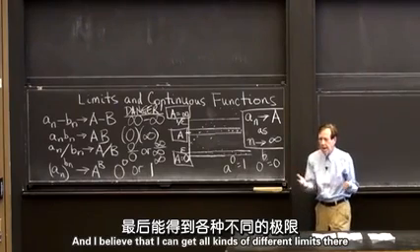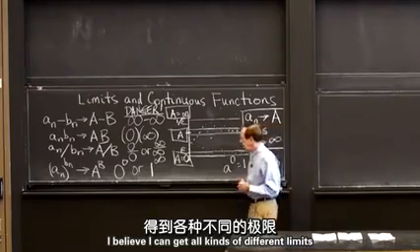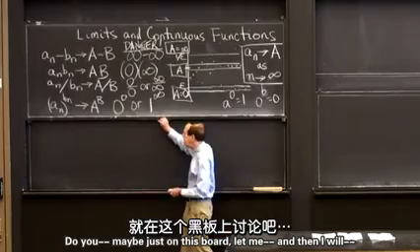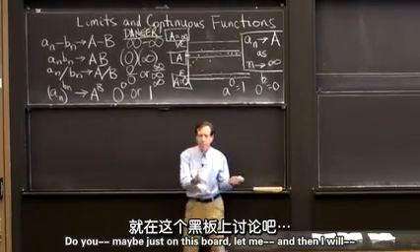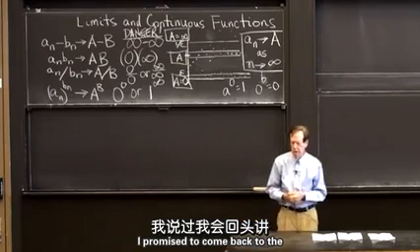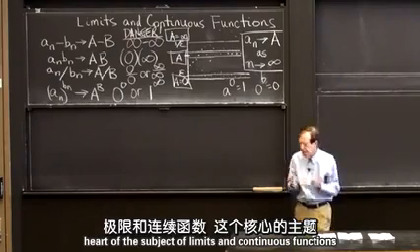And I believe that I can get all kinds of different limits then. Then I promise to come back to the heart of the subject of limits and continuous functions.